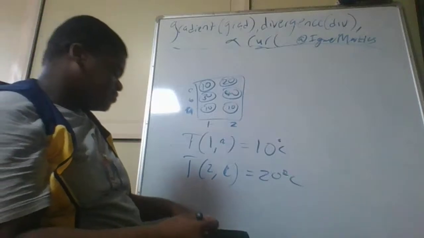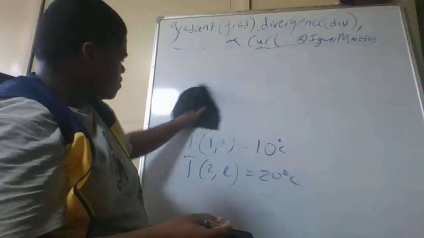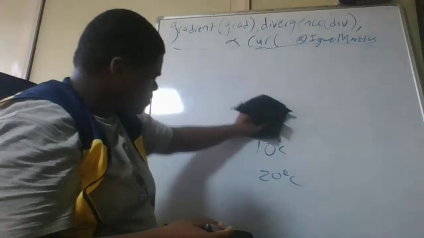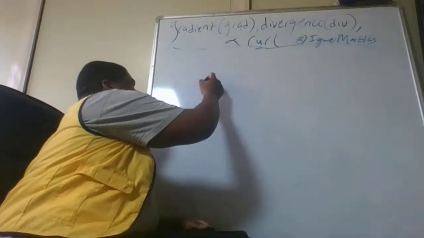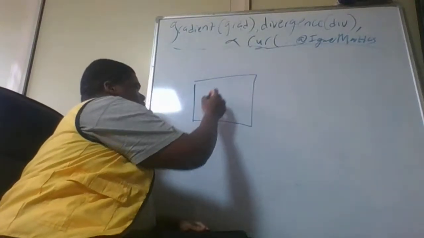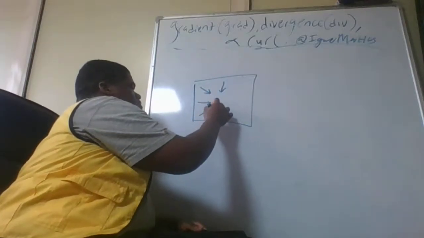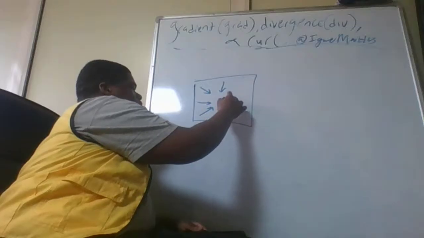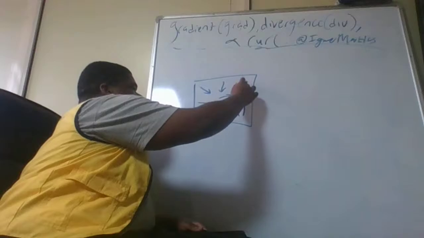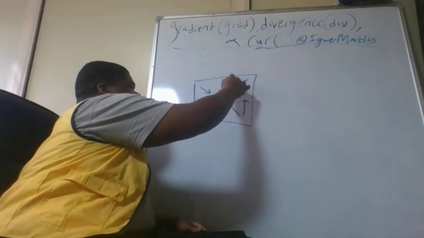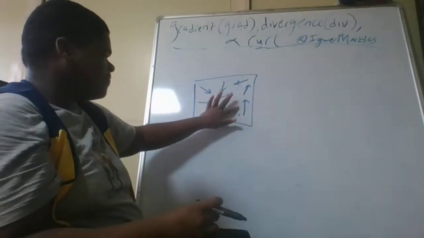For vectors, each point in a vector field is a vector.